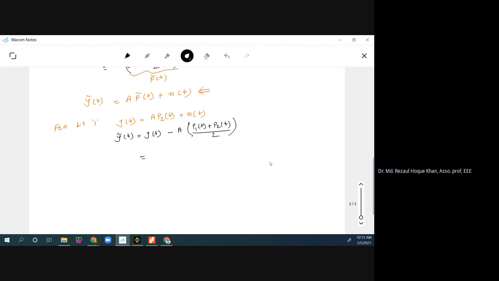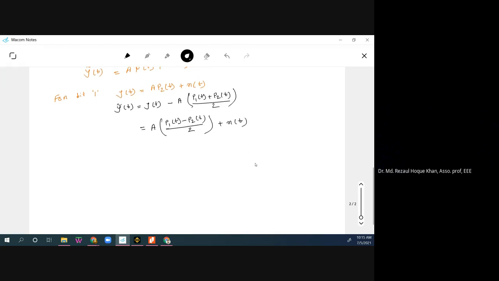This new equation becomes, right. A little bit of a mistake here. It should be p2, p1 actually.